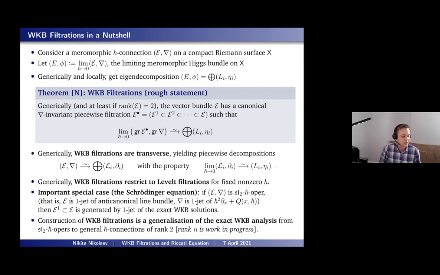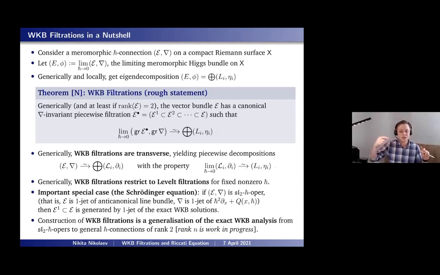In fact, I will not have time to talk about this, but the first step in WKB analysis is introducing the WKB ansatz, and my geometric interpretation of that is that you have an oper with this filtration which is not flat, and you use it as leverage to construct the WKB filtration.